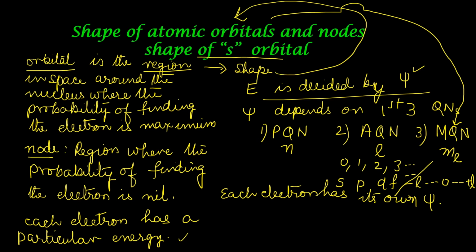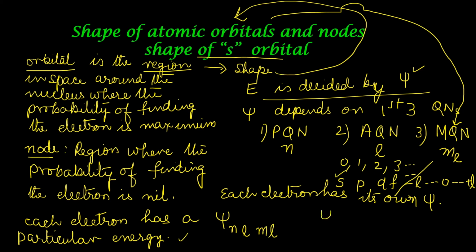The wave function of the electrons present in these different s orbitals also will be different. So the wave function is given certain subscripts, psi followed by n, which is the principal quantum number, then l, which is the number of subshell, and then also the magnetic quantum number ml.